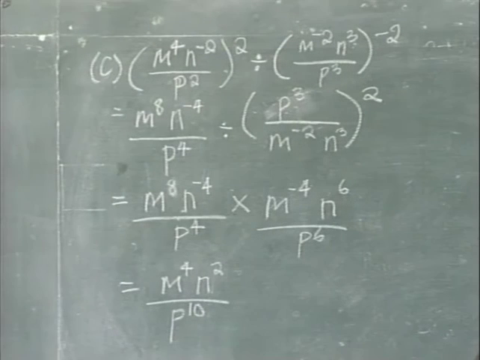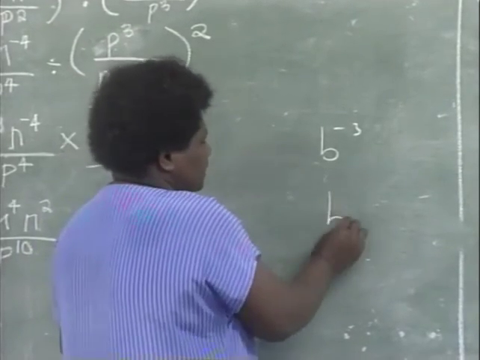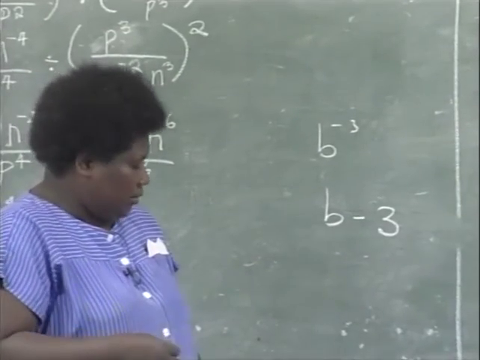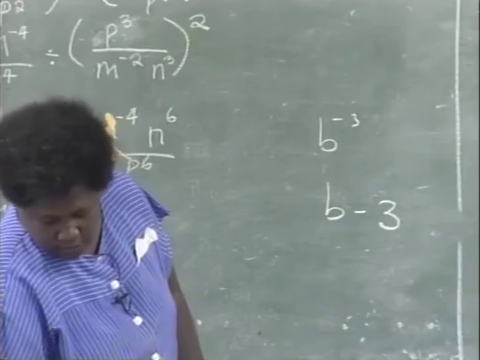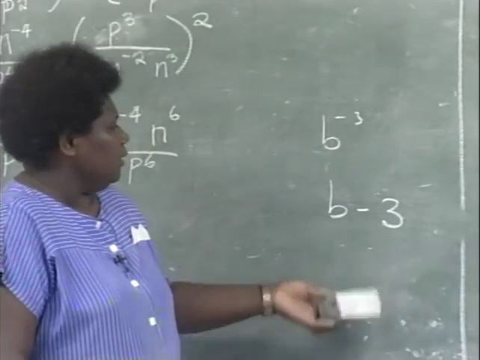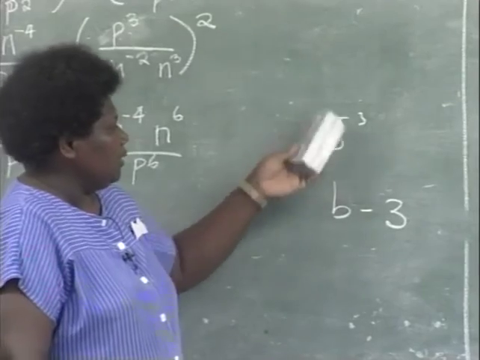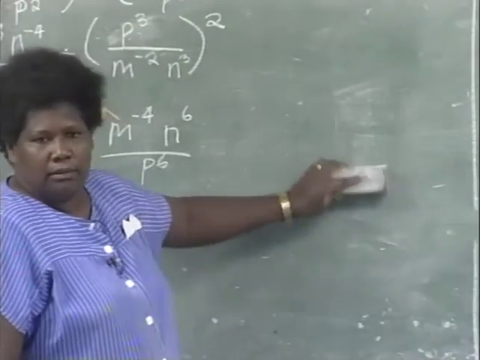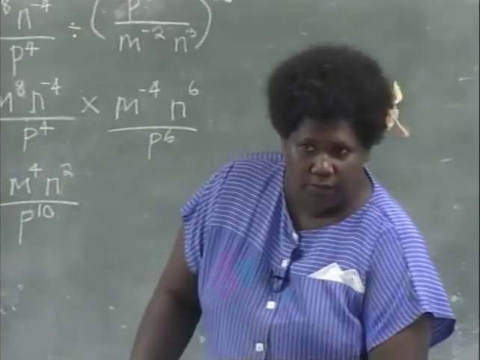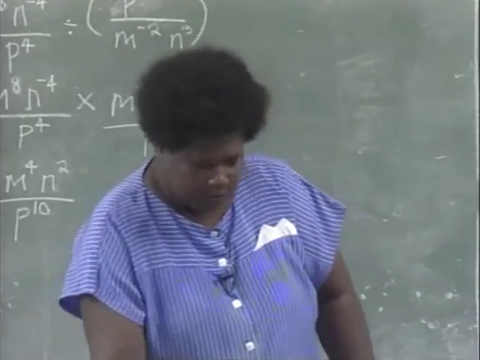If b is raised to the power of negative 3, you cannot say b minus 3, because that's not b to the power of negative 3. Although it takes a longer time to say, you have to continuously say that. And if b is cubed, then it's not b3. b3 is different from b cubed or b to the power of 3. Learn to say the right things.